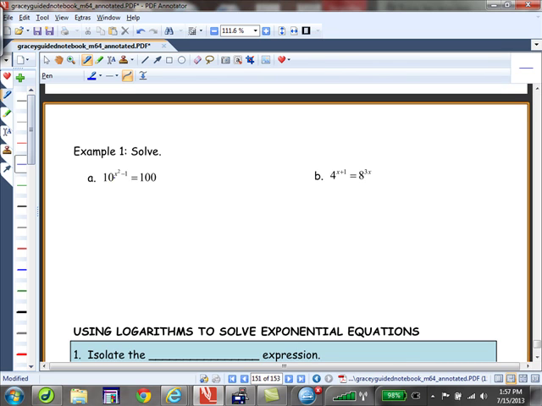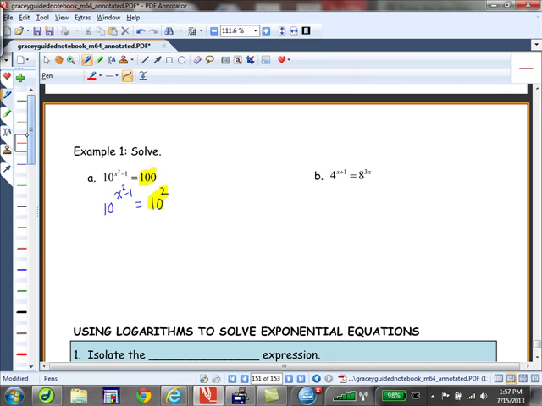You look at the bases. Can you get the bases to be raised to the same power? So notice that 100 is a power of 10. So we keep the left side the same, and then 100 is the same as 10 squared. So 100 is equivalent to 10 squared.